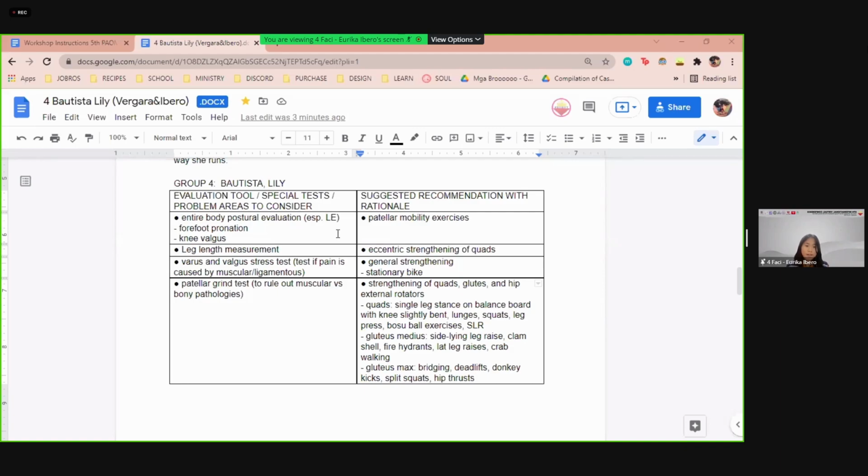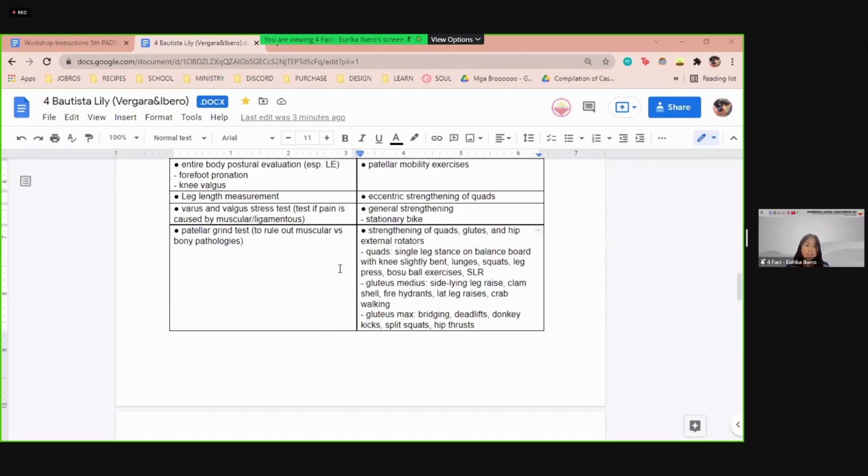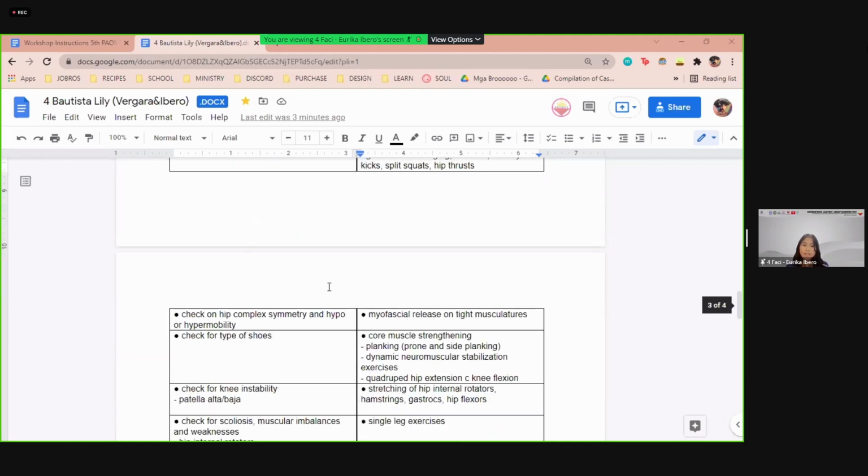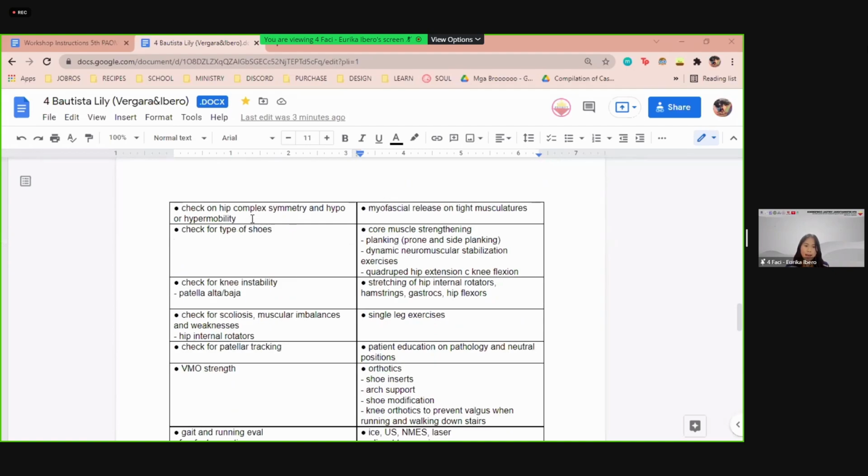Also, we have the varus and valgus stress test to test if pain is caused by muscular or ligamentous structures. Then we have the patellar grind test to rule out muscular versus bony pathologies.